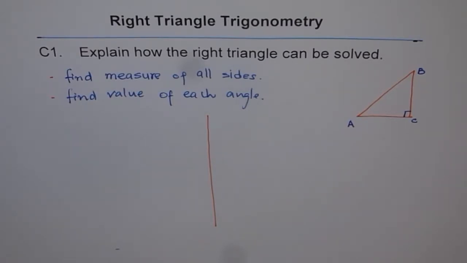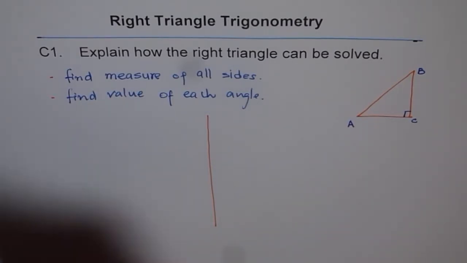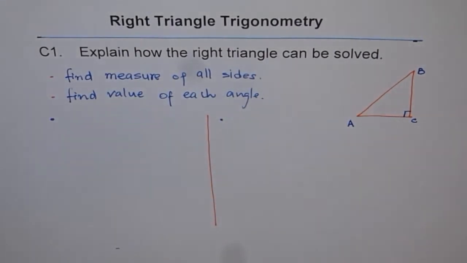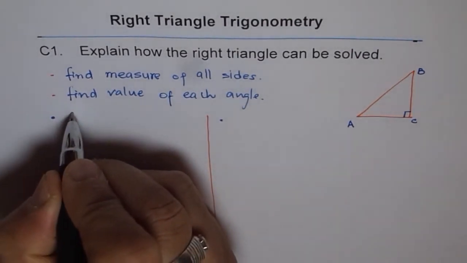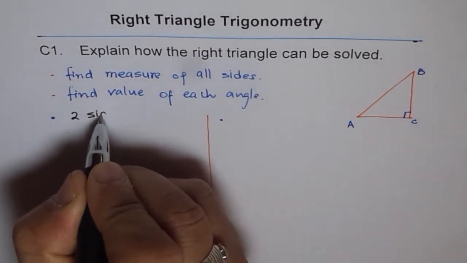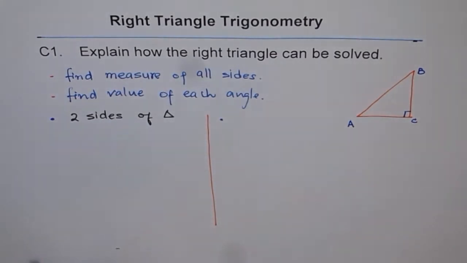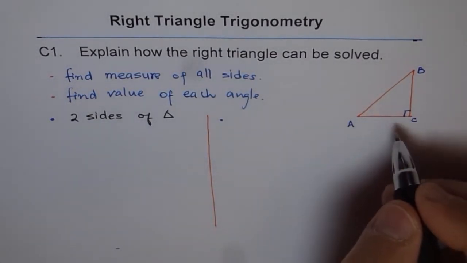So at least we should know one of the two things. First, either we know any two sides of a triangle.